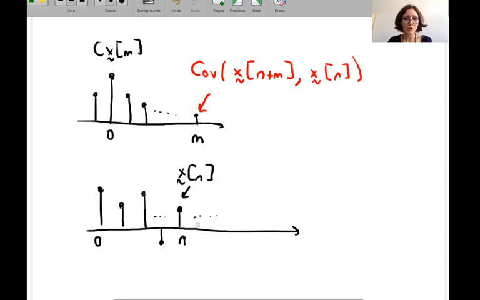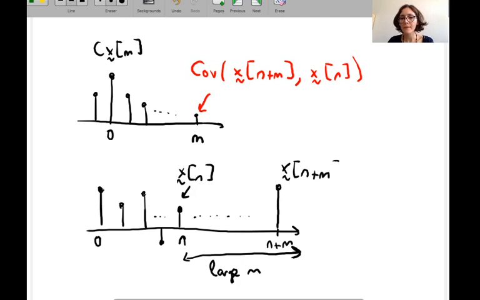And then you're wondering what happens for very large m, right? I'm looking at the same random process some time later, but a large amount of time later, so large m. I'm looking at a sample very, very far away. So here is the sample x of n plus m, just for visualizing what this means.